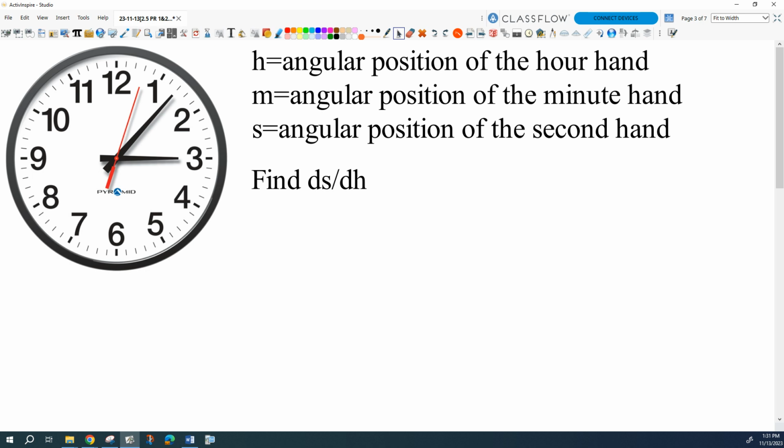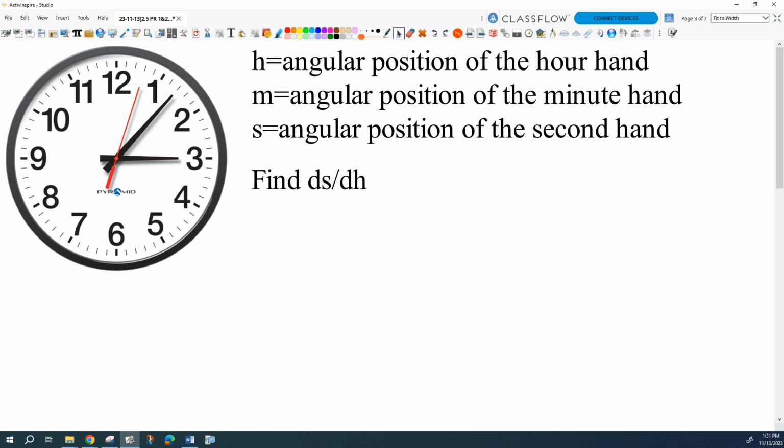Angular position just means it's going around in circles, right? So the angular position starts off here, and then there's an angular position a little bit later, and another one later still. So it's the rate of change of the angular position of the second hand with respect to the angular position of the hour hand.